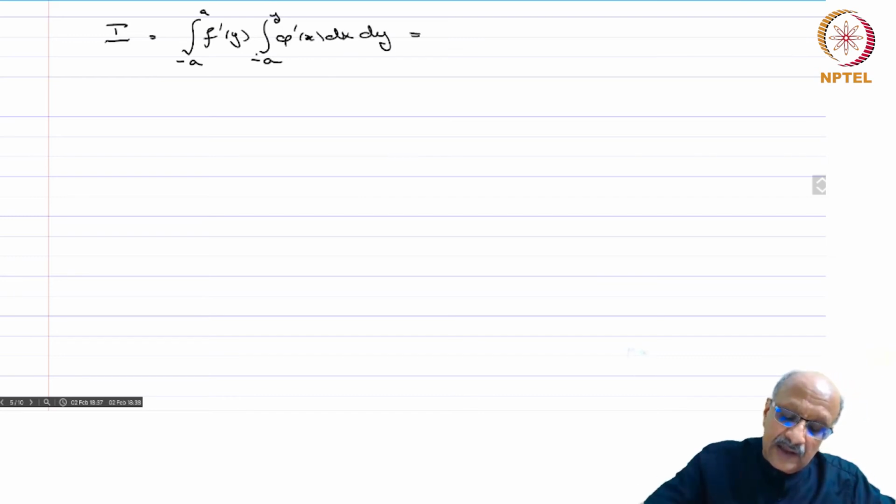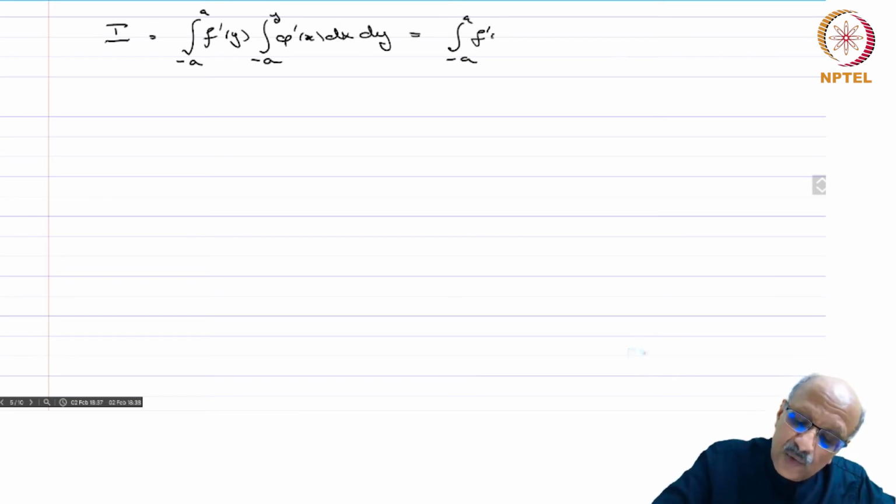So the inner integral, if you evaluate, is phi of y minus phi of minus a, but phi is of compact support and therefore phi of minus a is 0, and therefore this will give you the integral from minus a to a of f dash y phi of y dy.